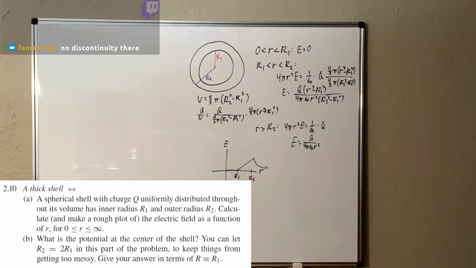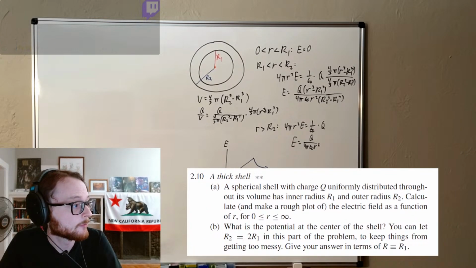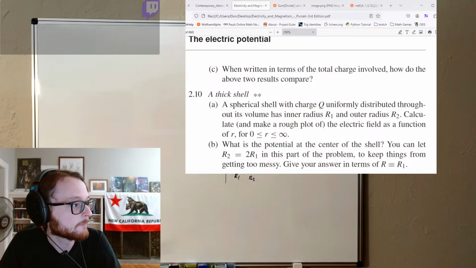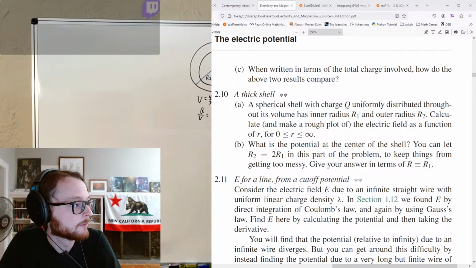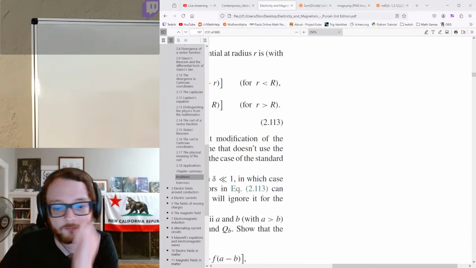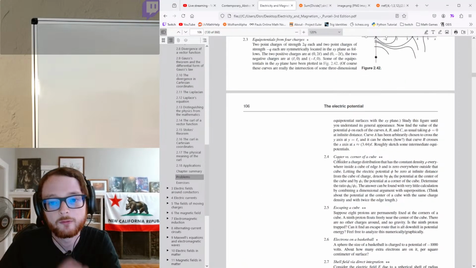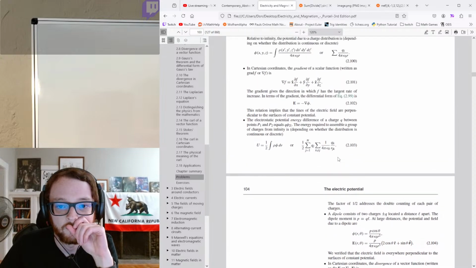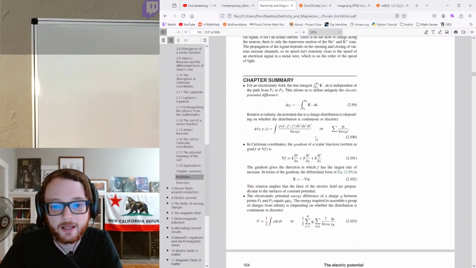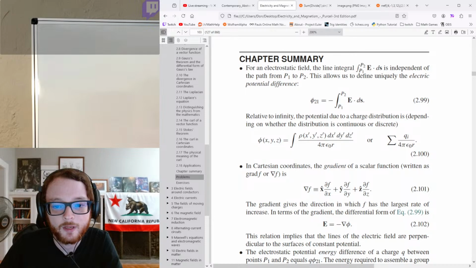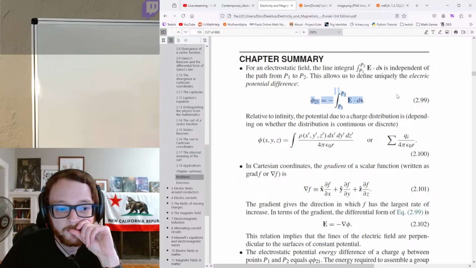And then the part that involves chapter 2 math is part B, I think, because that was all chapter 1 stuff that we just did. Potential at the center of the shell. So if we have field and we want potential, I think that involves an integral. We do E dot ds from infinity to 0.